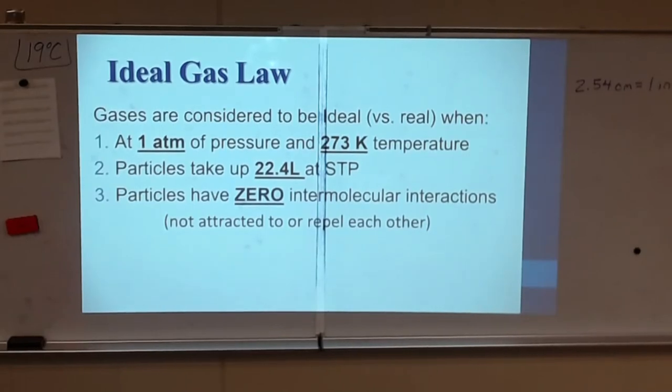Particles don't have any intermolecular interactions. This bottom one is really the point here. Ideal gases behave according to the kinetic molecular theory. They're not attracted, they don't repel. We're going to consider they don't take up volume and space, things like that.